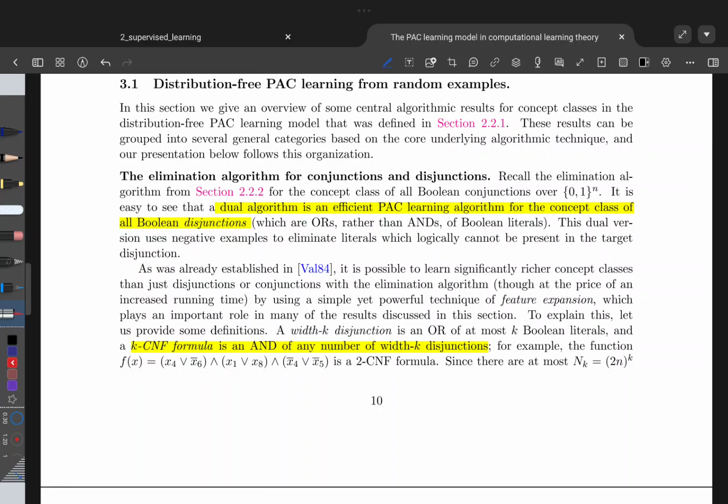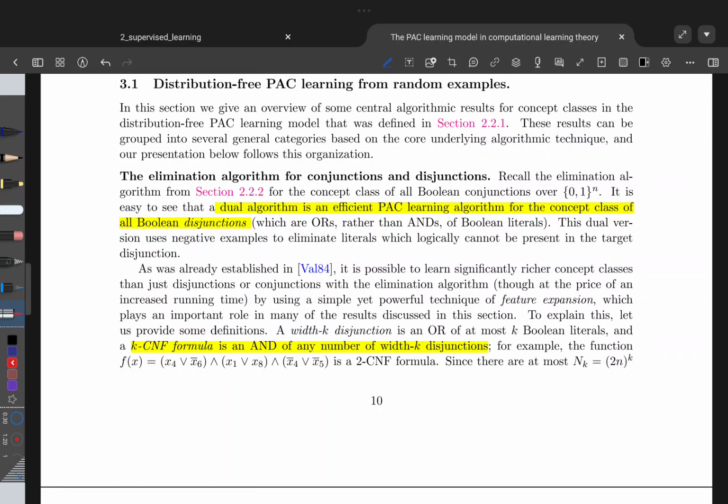In other words, you can write it as an OR of multiple AND terms, or an AND of multiple OR terms. But the number of terms in each OR or each AND expression could be arbitrary in general.